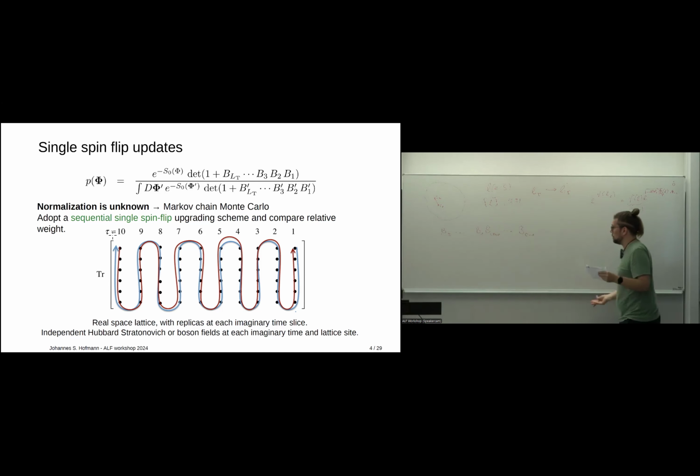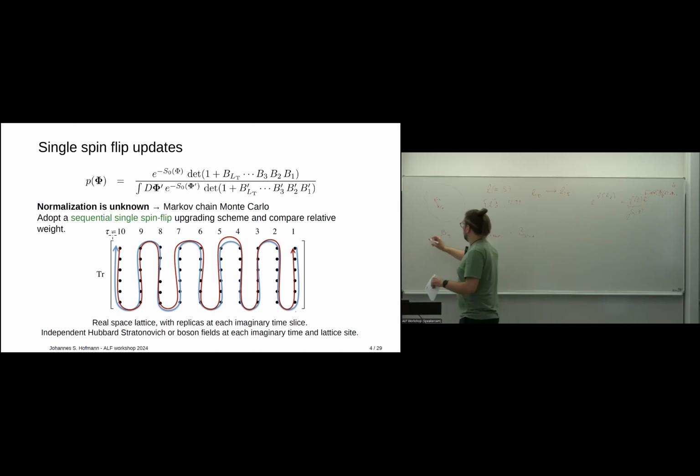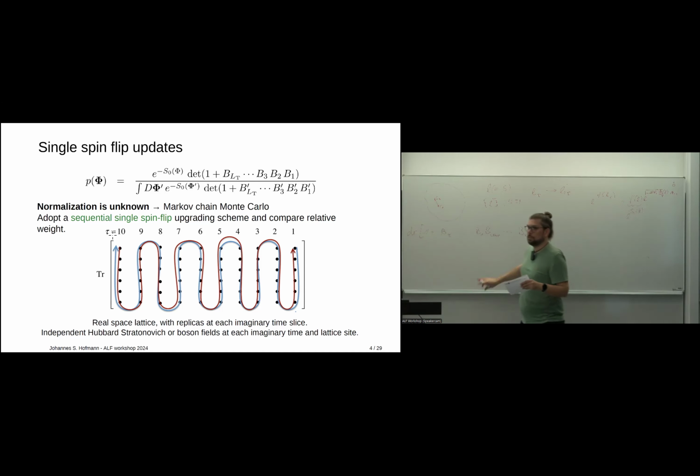This is the formula Emilie left us with for the Green's function on the last slide. And also 1 plus this expression. The determinant of this will give the proportionality of the weight.